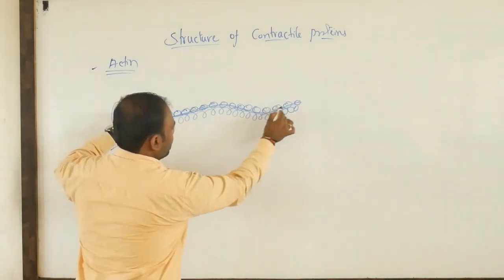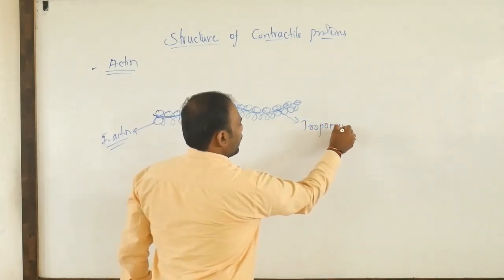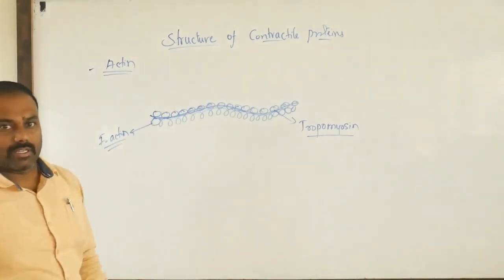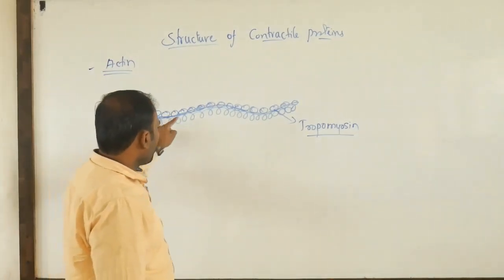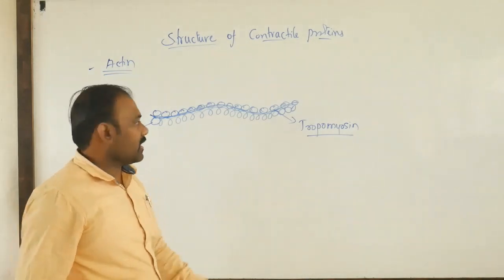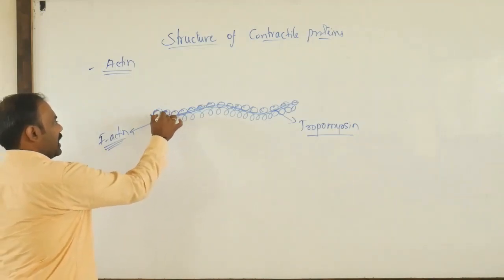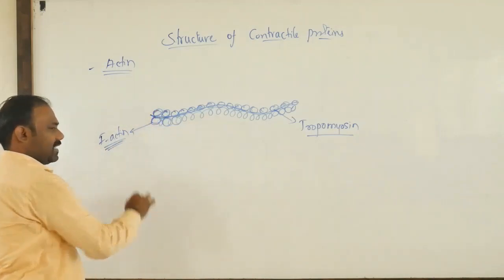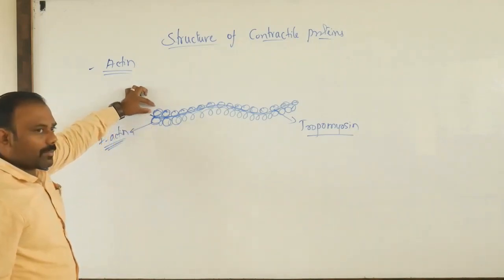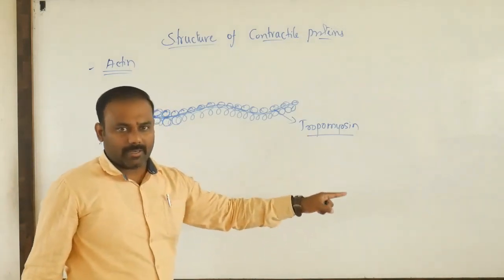The thread-like structure is considered tropomyosin. Remember, this tropomyosin is a protein which runs continuously along with the F-actin, that is, the globular proteins. These round-like structures are considered F-actin or globular protein. Along with the globular protein, we will be having a long chain considered tropomyosin.